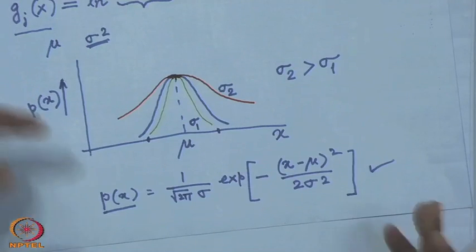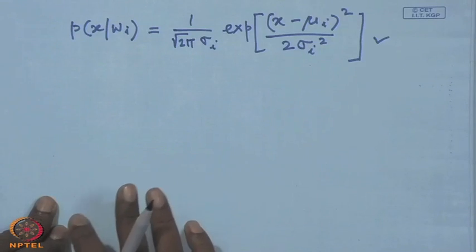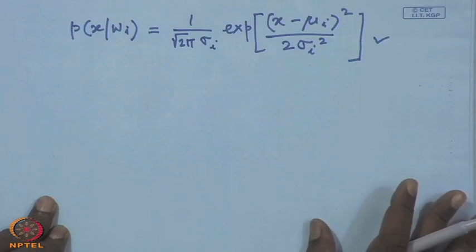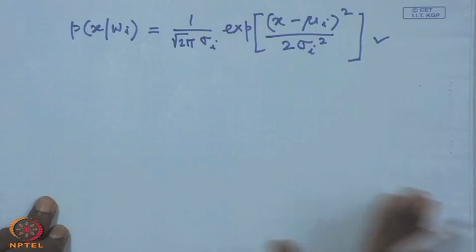We put all the samples together irrespective of the class belongingness of that sample. But when I look at this expression, that is p of x given omega i, I take only the samples from class omega i; I do not take samples from class omega j, where j is not equal to i.